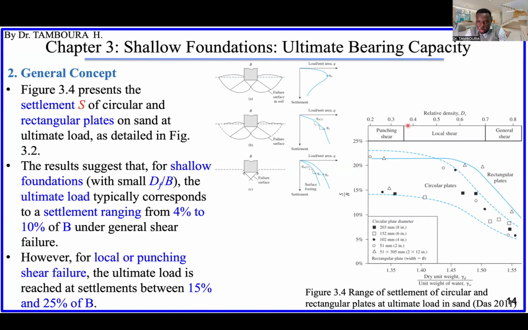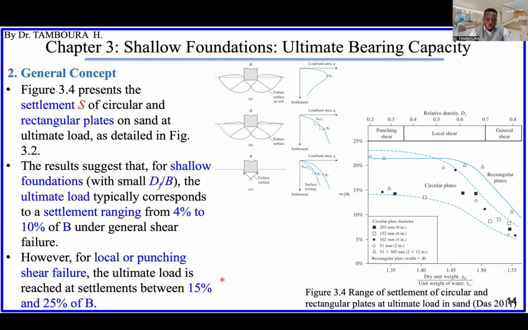But if you go, for example, local shear failure, which is this range from here to here, cut this part. So this area, this zone, this area. Okay. Then what percentage do we have? It is 15, okay, to 25. Between these two, 15 to 25. So you understand now the importance of type of failure in case of shallow foundation.